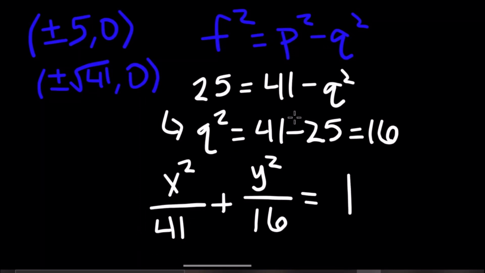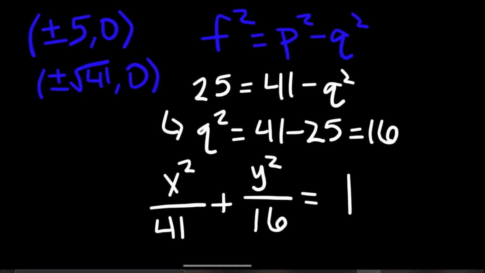Since p is always greater than q, p will correspond with the x-axis aspect of the equation if there is a horizontal major axis, or the y part if there is a vertical major axis. Since both x coordinates are given, that means that the foci are located on the x-axis, making x the semi-major axis, and that is where p is located.